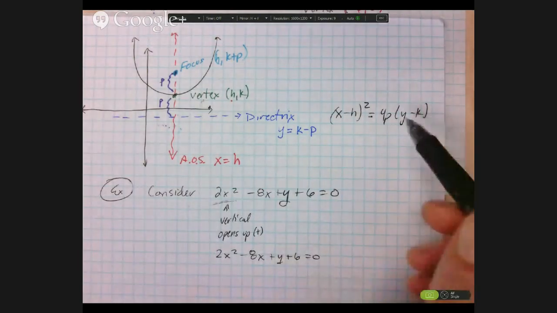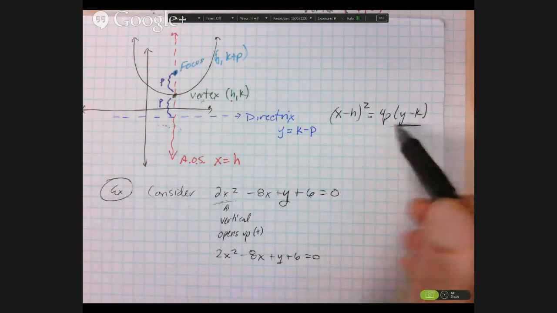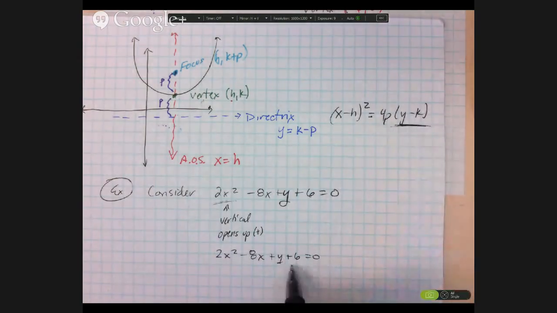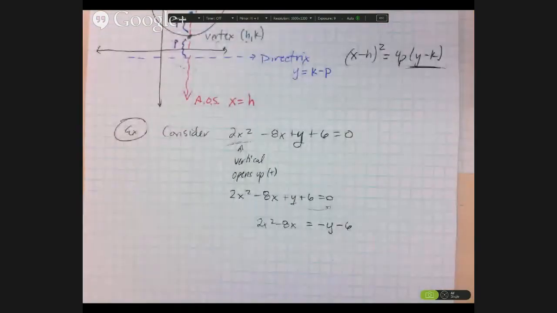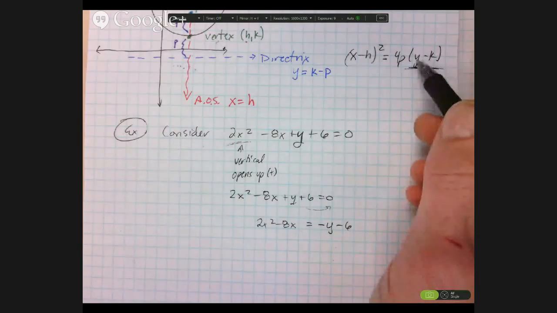So looking at this, I need to pull the y and the 6 over here to the right. So I'm going to subtract them both. And then on that side, I also need the y to be positive.